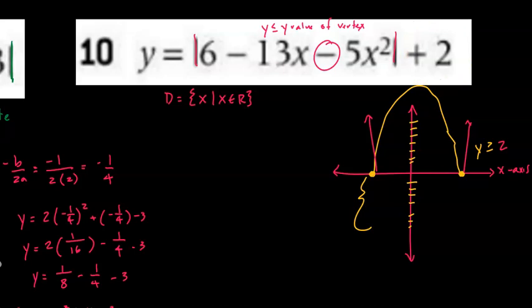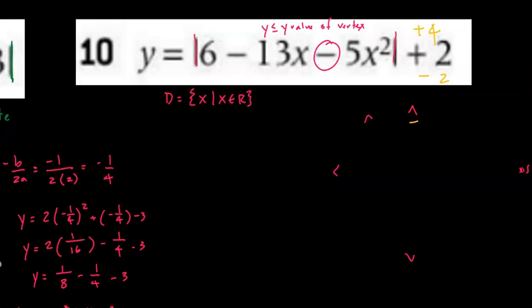So if I moved it up 4, this would be greater than or equal to 4. If I moved it down 2, it'd be greater than or equal to -2. Okay? So the range of this is going to be y such that y has to be greater than or equal to 2. Wow! What is that parentheses in the end?